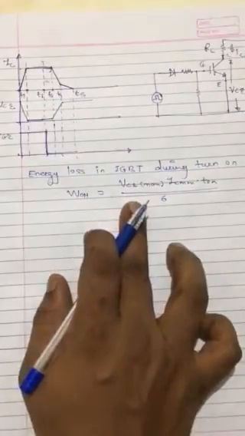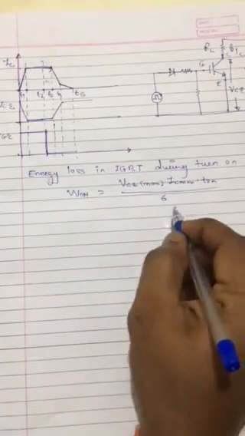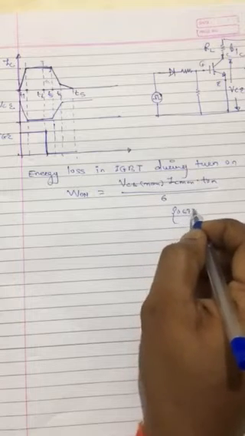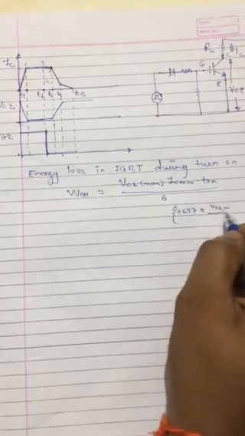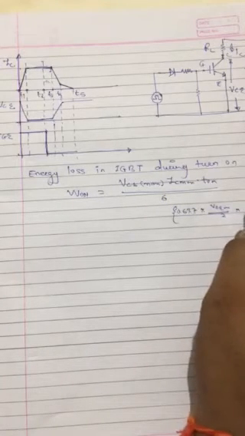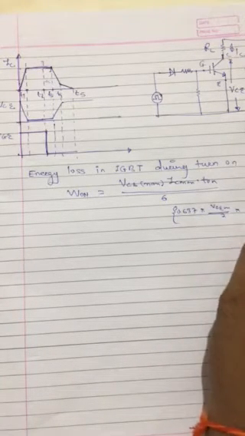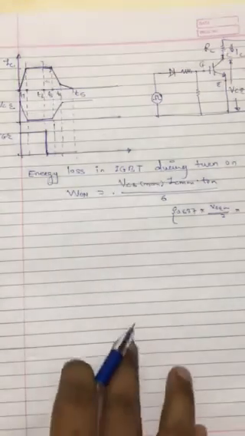This formula we have already studied while studying losses in a MOSFET. It is derived from 0.637 into VC max by 2 into IC max by 2 into T on, and you get that formula.